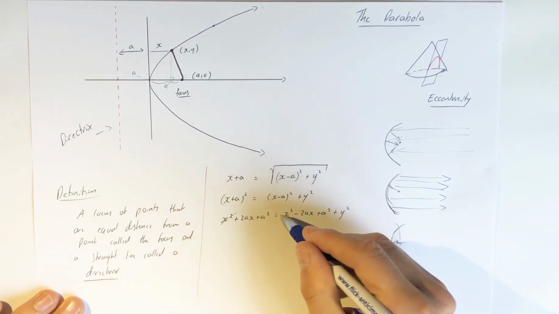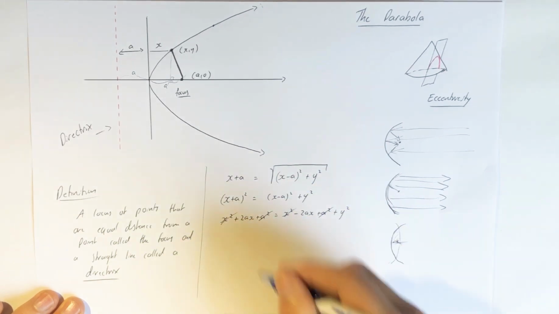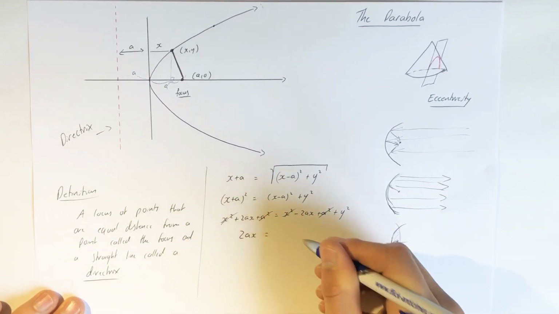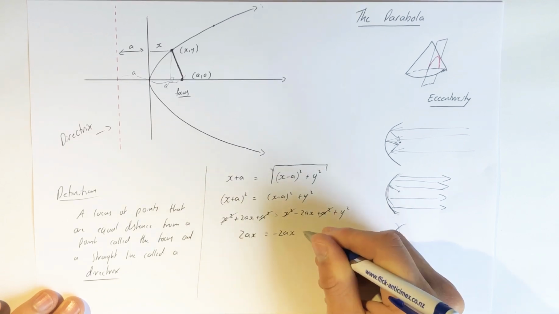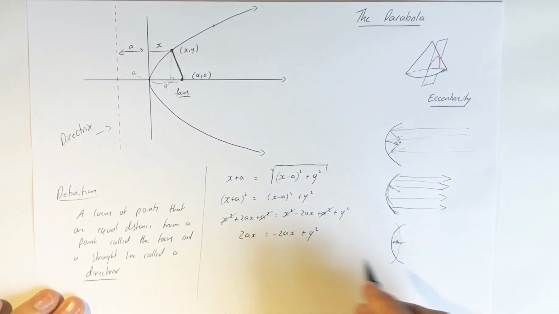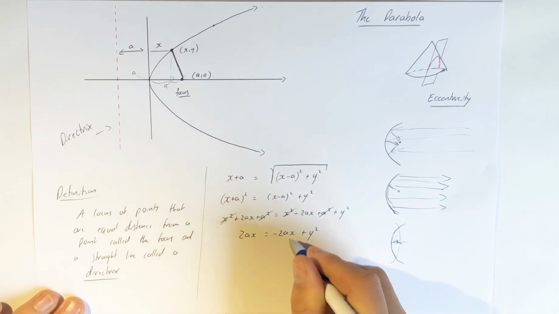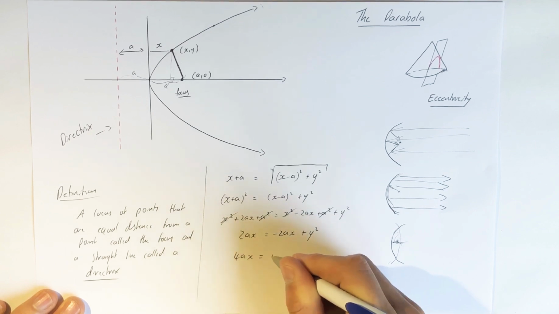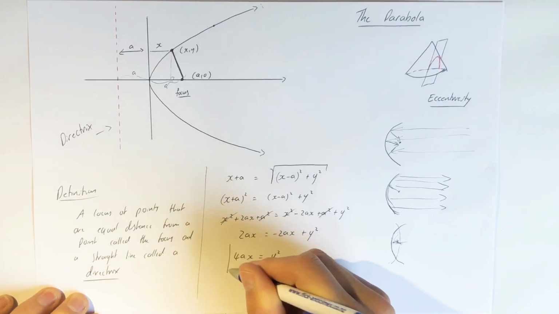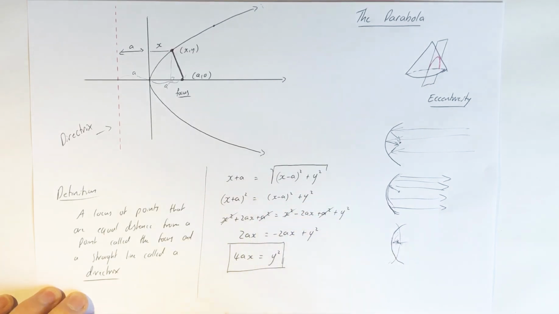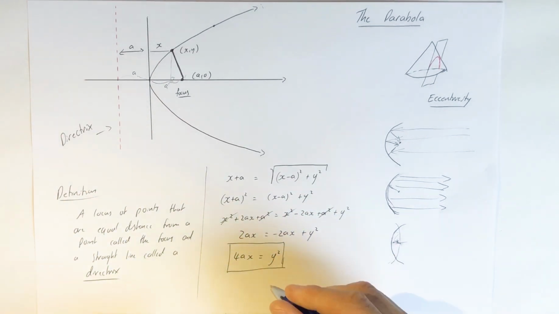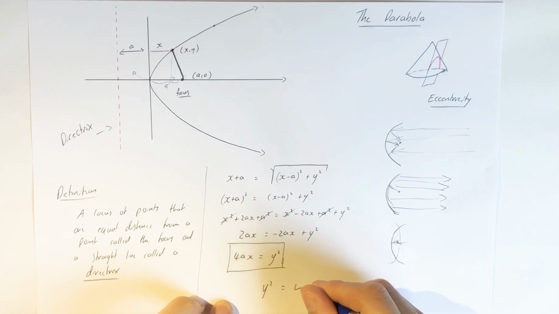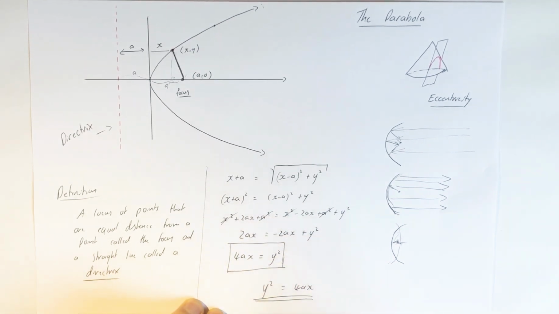We can subtract an x squared off both sides and an a squared. So I've got 2ax is equal to negative 2ax plus y squared, and our last step is adding 2ax. So 4ax equals y squared, and that is going to be the equation of the parabola. So y squared equals 4ax. That is the equation of the parabola.